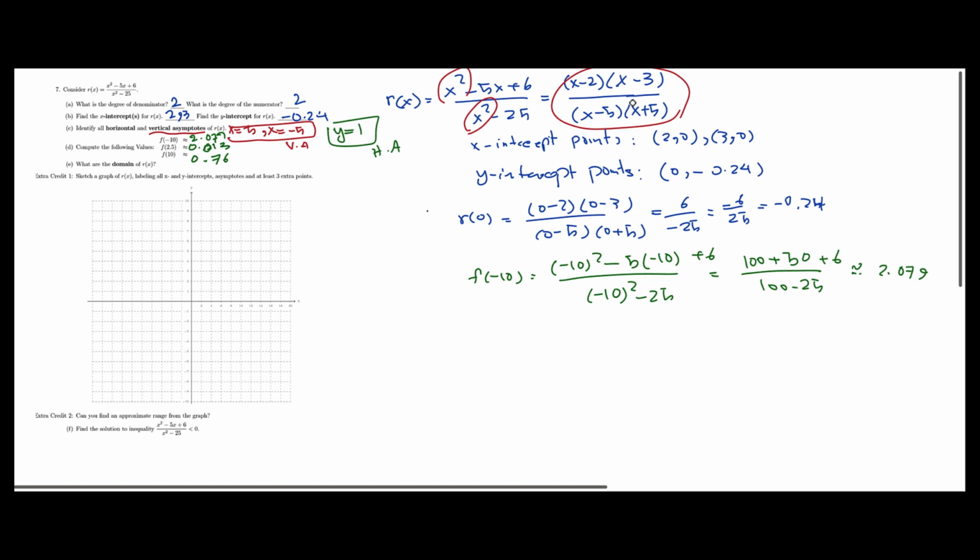And so again, zeros of the denominator are 5 and negative 5, so exclude those and you get negative infinity to negative 5, union negative 5 to 5, union 5 to infinity, by excluding negative 5 and 5.